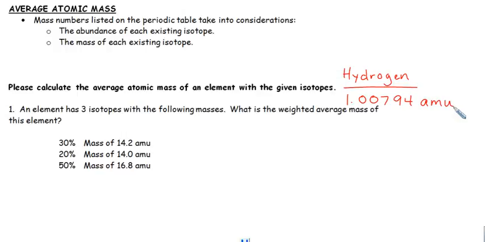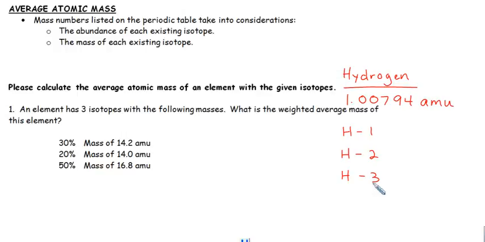And number two, the mass of those particular isotopes. So for example, hydrogen has 3 common isotopes: hydrogen mass 1, hydrogen mass 2, hydrogen mass 3. The most common, most stable isotopes.